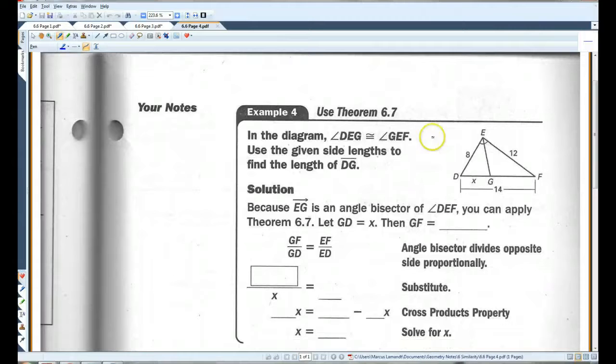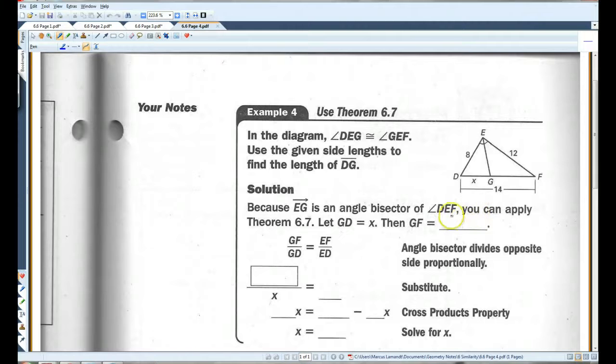In the diagram, angle DEG is congruent to angle GEF. And it's labeled for us. Use the given side lengths to find the length of DG, that's x. Because EG is an angle bisector of angle DEF, then you can apply theorem 6.7. Basically, these sides are going to be proportional to these sides. So let GD equal x as labeled.